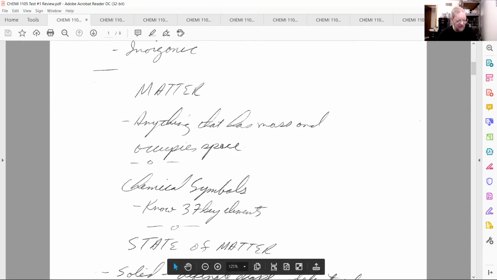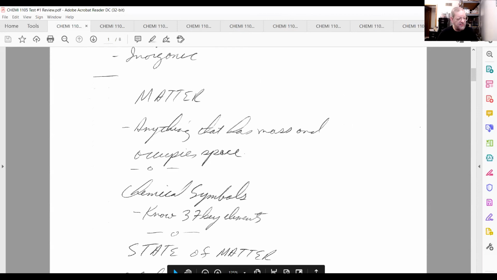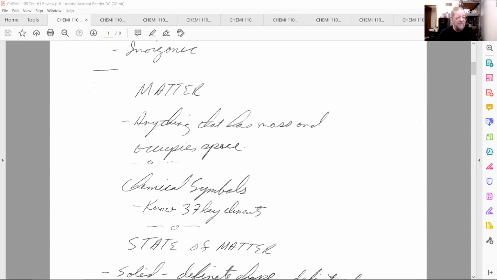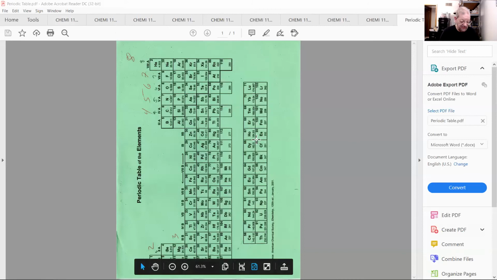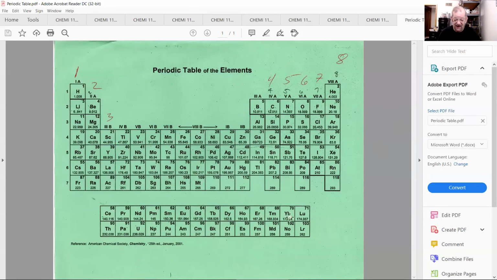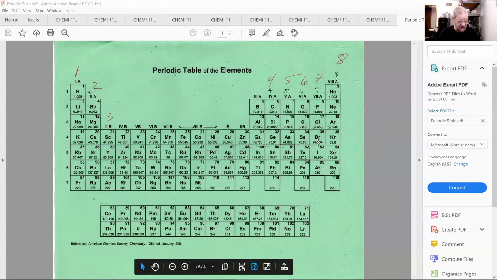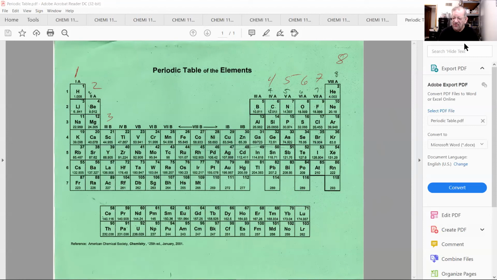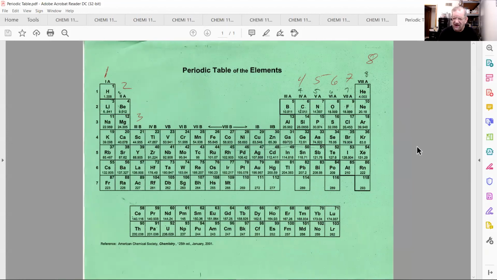Hold on a second while I open up my periodic table. On your screen, you should see the periodic table we've used all semester that will be provided to you for the final exam. And you should know the 37 elements. If I ask you what's the chemical symbol for nitrogen, you should know it's N by now.